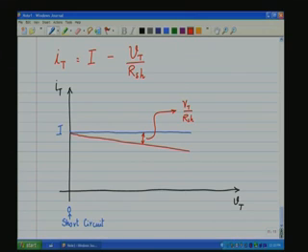And here again we can say that the goodness of the current source is seen from this graph. If this red line matches with the blue line, then it is closest to the ideal current source. Or if the red line starts deviating more and more away from the blue line, then the current source becomes poorer and poorer because the R shunt value becomes lower and lower. So, this can be used as a guide for comparing two or more current sources.